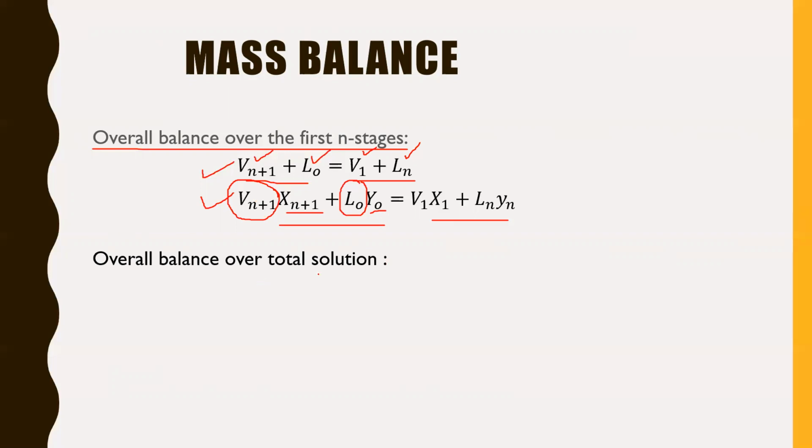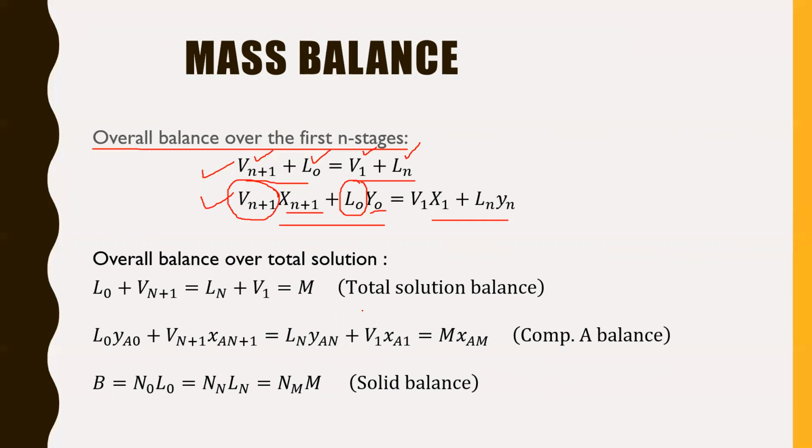Overall balance over total solution: input equals output, and here is the intermediate phase. And for the component balance, the input equals output and the intermediate. The same solid balance applies: B equals N naught L naught equals Nn Ln, and it equals Nm M.